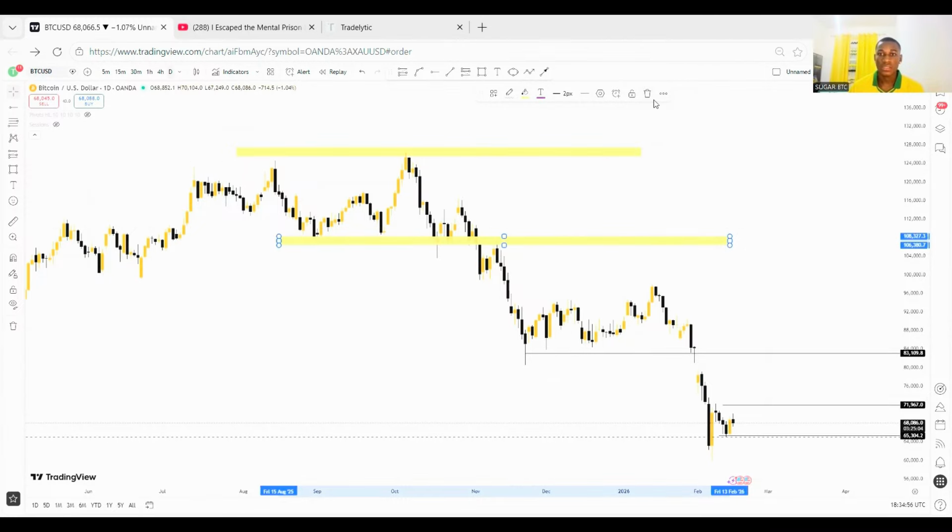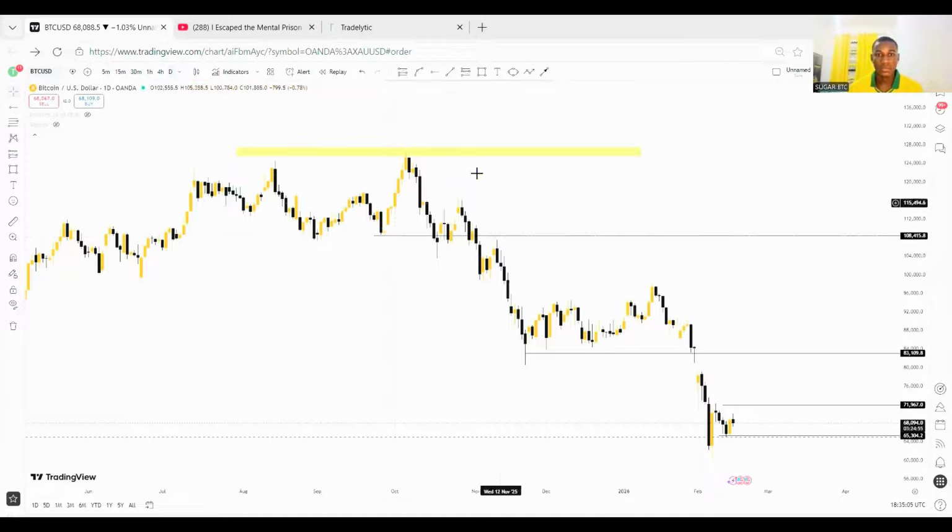Let me just get rid of this and use this instead, so you guys can see a little bit clearer. Get rid of this as well. Right? So this is our swing high and our swing low.